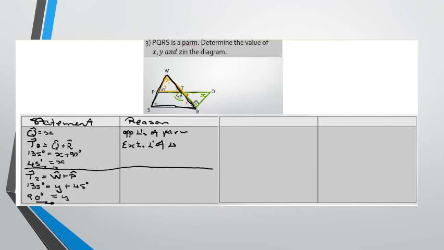If I continue now with that, let me just put statement, reason here. In the triangle WSR, I'm going to say now that angle W plus angle S plus angle R must be equal to 180 degrees. The sum of the interior angles of a triangle equals 180 degrees.